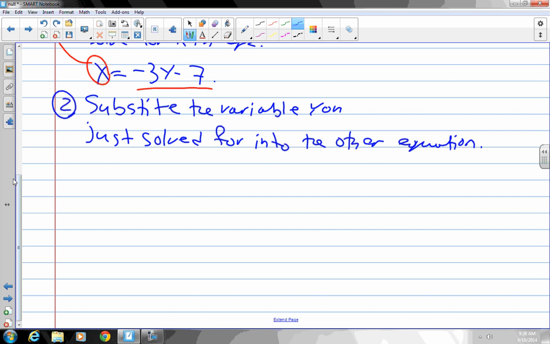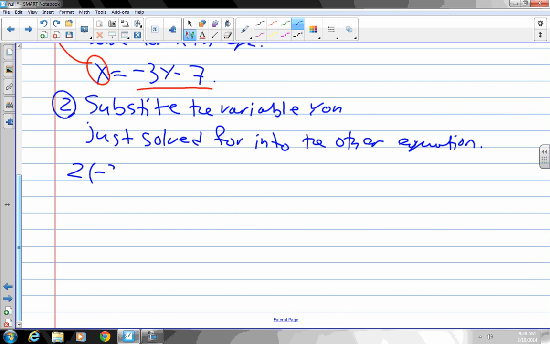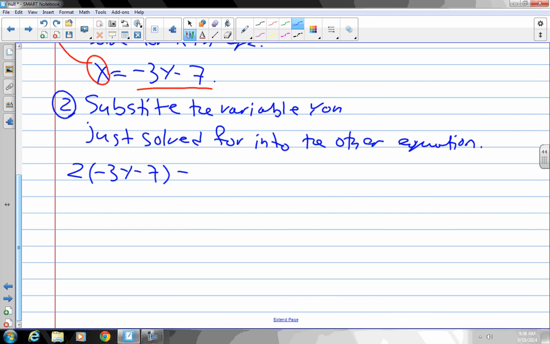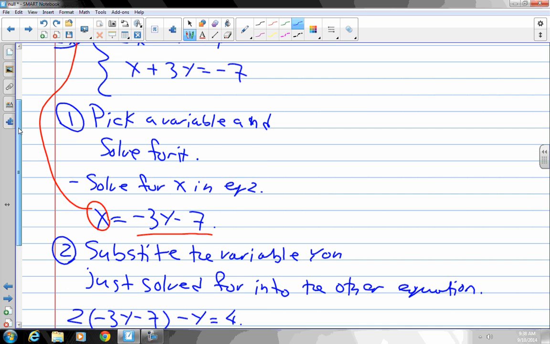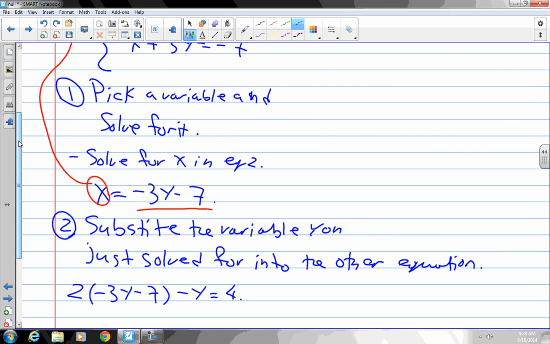What happens is we get 2 times (-3y minus 7), and then minus y equals 4. See what I did? Does this make sense?